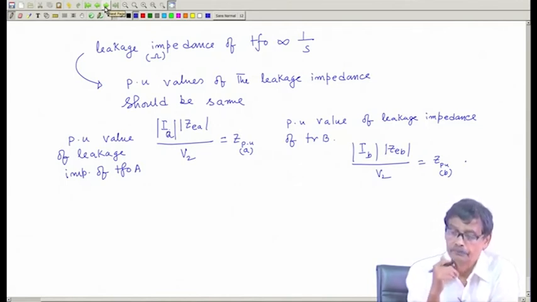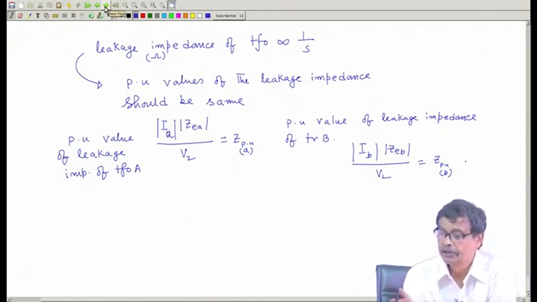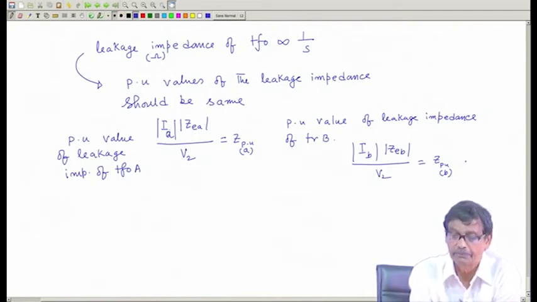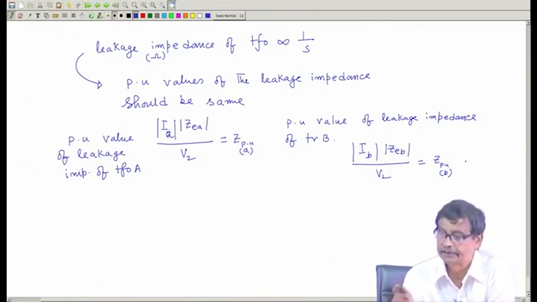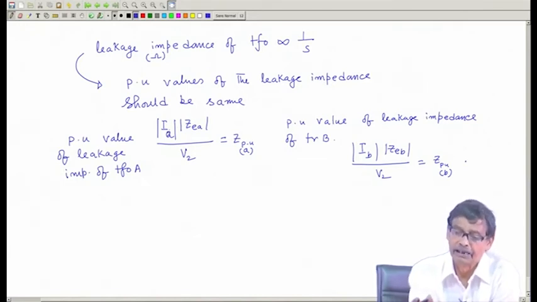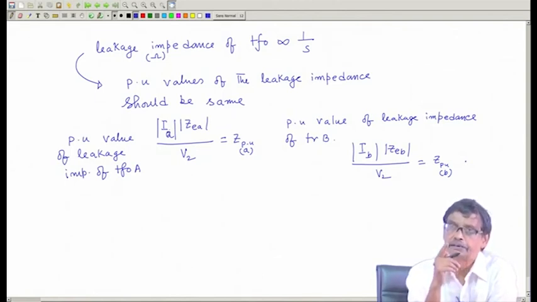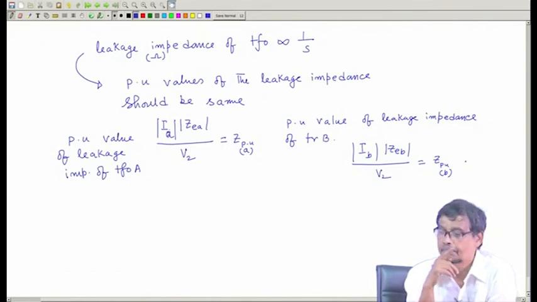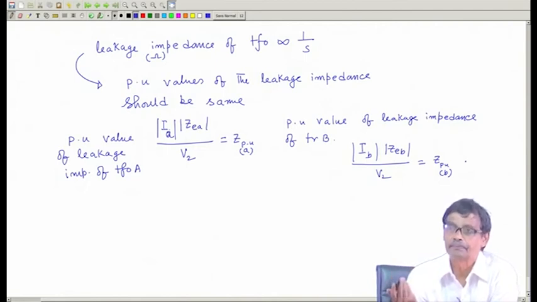Now, since IA ZA is equal to IB ZB, here all the parameters are with respect to the secondary side, they are same. Therefore, instead of telling that ohmic value is inversely proportional to the respective KVAs, you simply say per unit impedance of transformer A and per unit impedance of transformer B, they are same, that is all.